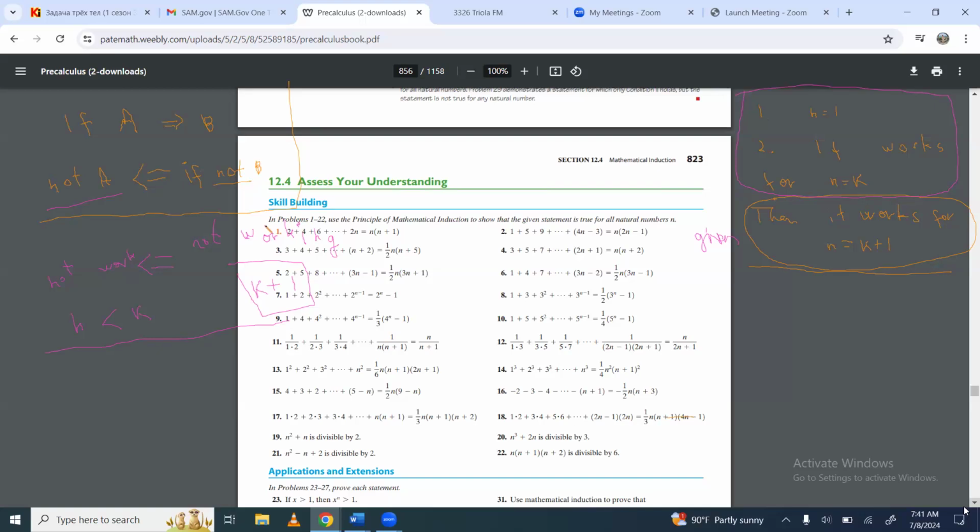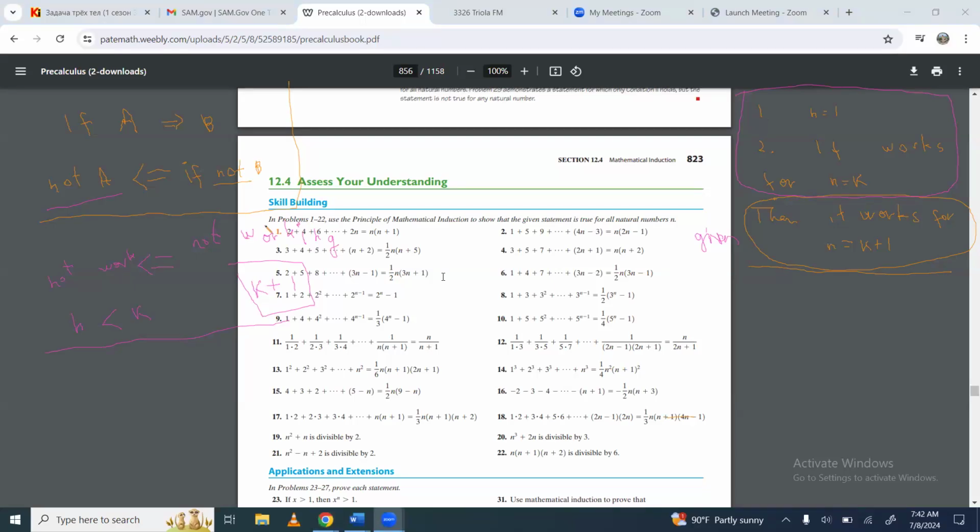But I think it's good to see it sometime before taking some more mathematics, because lots of times they say use math induction, we get a proof, but then actually never do the proof, because proofs for math induction are always pretty much the same. So for example, let me do one proof, number 19.